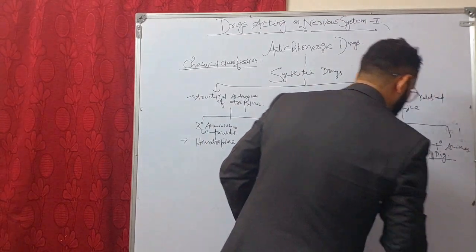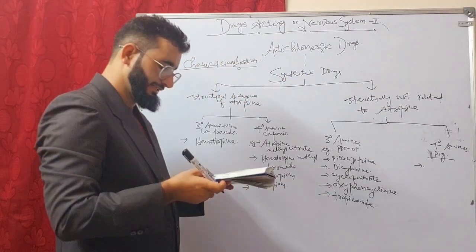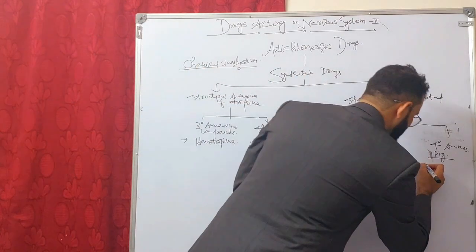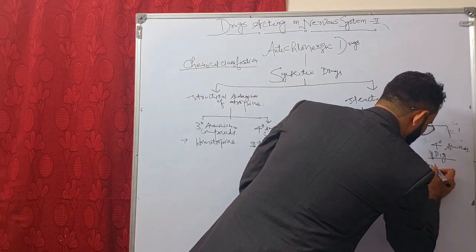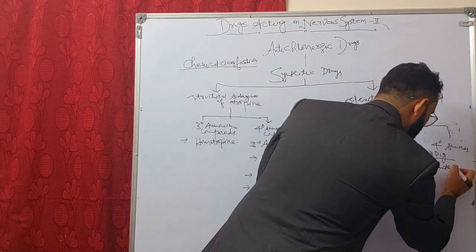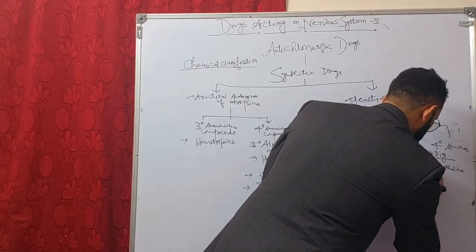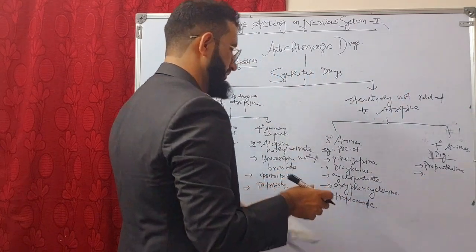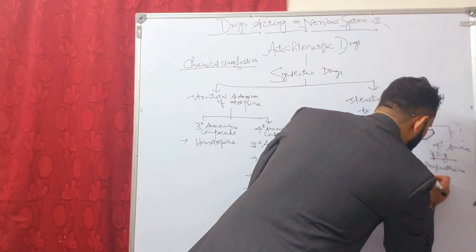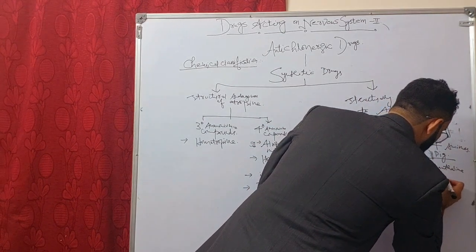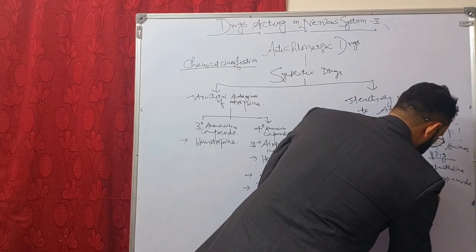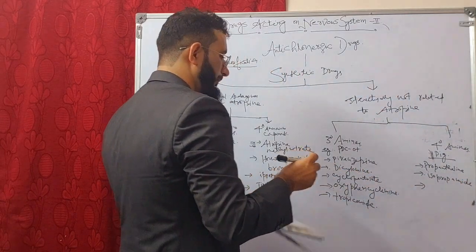P for propantheline, I is isopropamide, and G is glycopyrrolate.